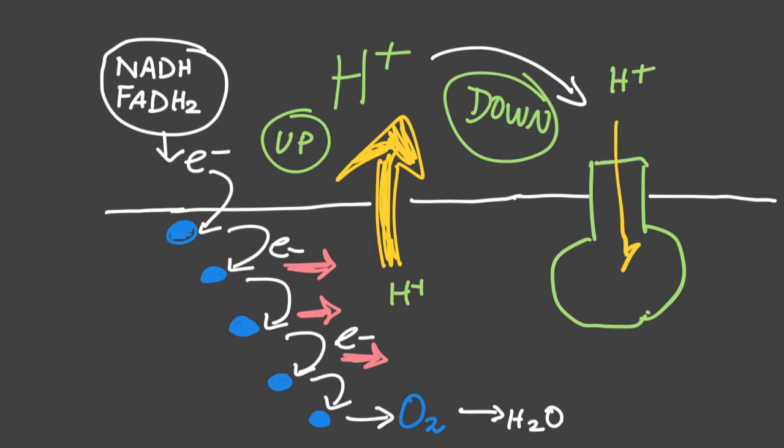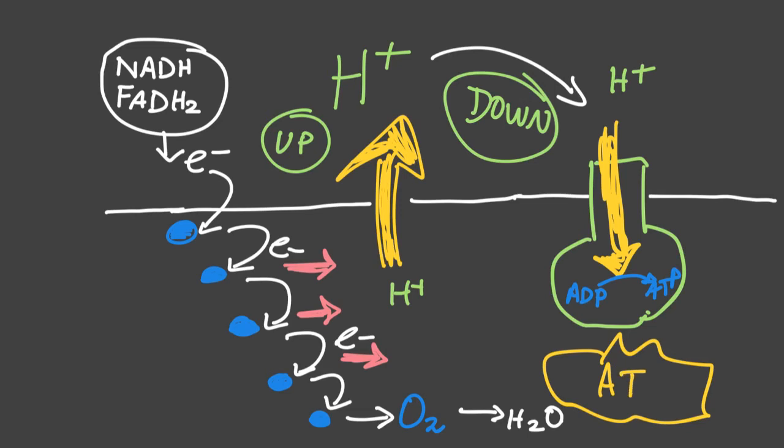And here is a channel that brings it in, and this movement of hydrogen down the gradient is used to convert ADP to ATP. In this way, the majority of the ATP in cellular respiration is made. About 36 ATP is made from a single glucose molecule, and the entire process takes place in the mitochondria.